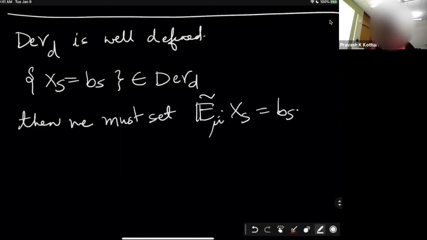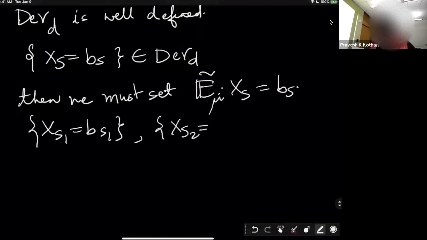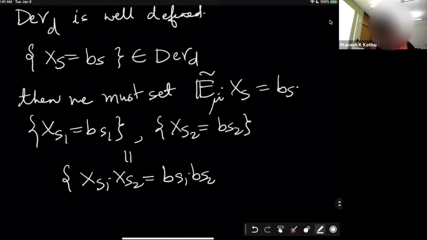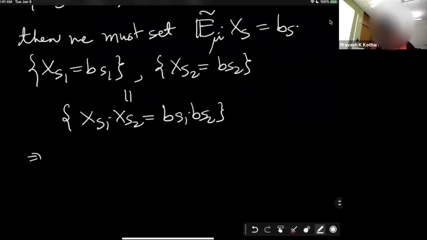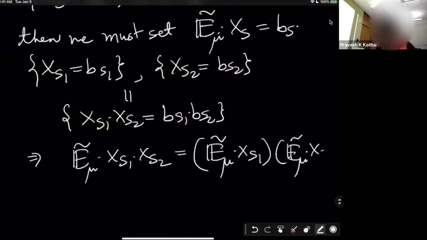In fact, the way we have set up derivations, the following extra property holds true. If x_S1 equals b_S1 and x_S2 equals b_S2 were used to derive this constraint, then we are forced to choose a value for the monomial x_S1 times x_S2, which is equal to the product of the values we gave to the individual monomials.